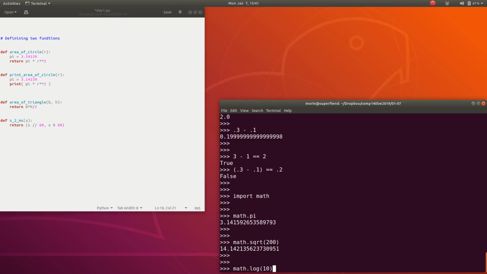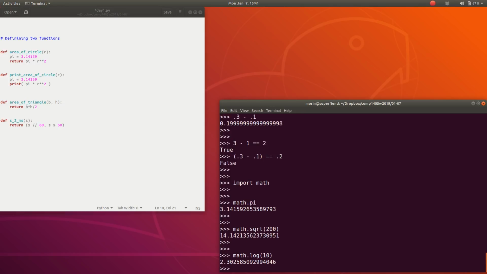Log to this, where the base is this magic number e, which you can't even write down, but you can define it in terms of a limit of (1 plus 1 over n) to the n as n goes to infinity. This is log base e by default.